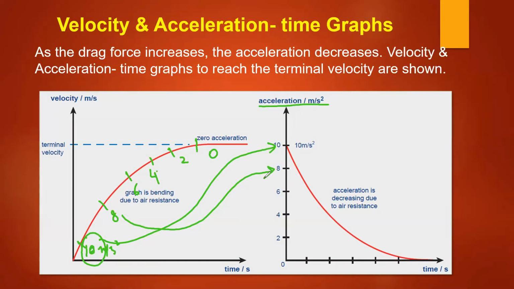As air resistance increases, the upward force increases, so the resultant force is going to decrease. So the object's acceleration decreases, which can be seen from the graph. Finally, the object is going to attain the terminal velocity over here when acceleration is 0. That velocity is called the terminal velocity.